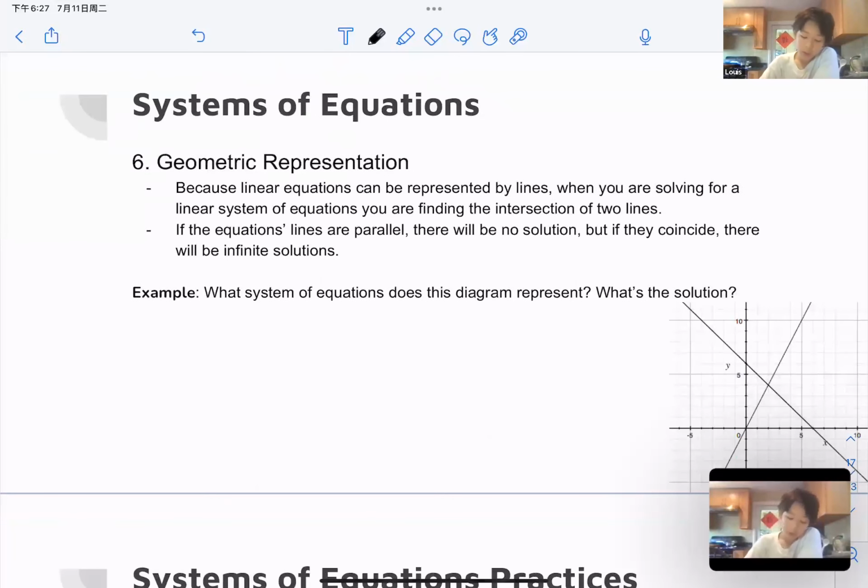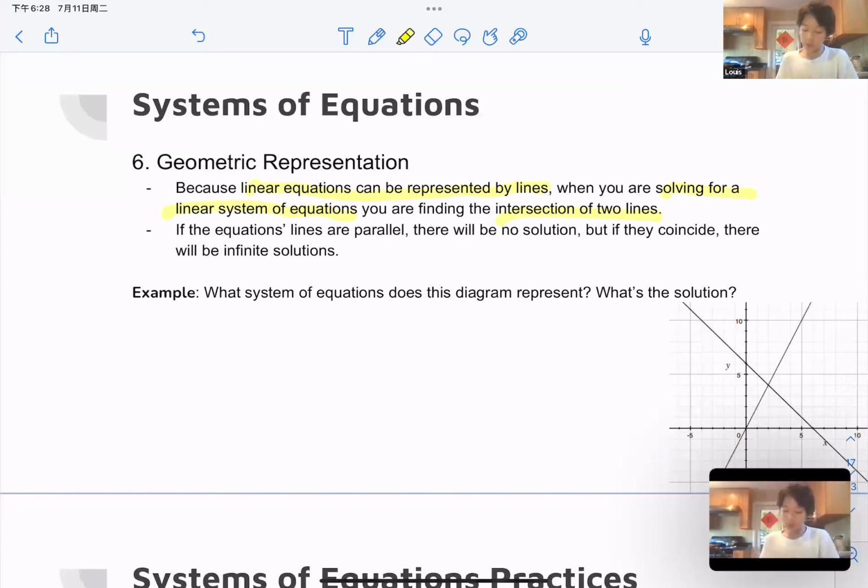So, the geometric representation. Because linear equations can be represented by lines, when you are solving a linear system of equations, you're just finding the intersection of the two lines.